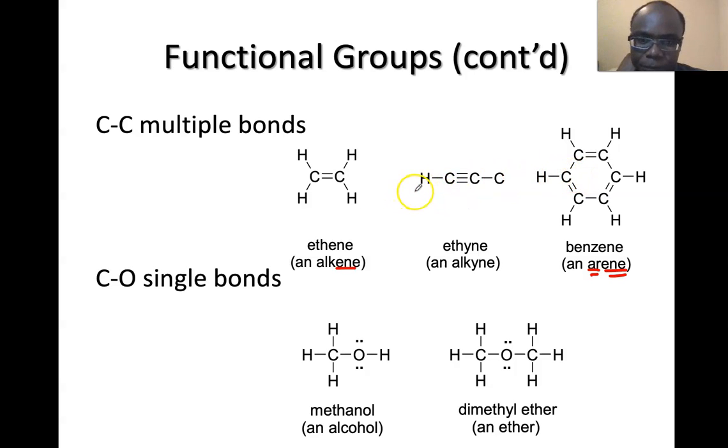Okay, so a specific example of an alkene is given as ethene, because there are 2 carbons in the structure. And this is ethyne. Here there's a typo, it should be a hydrogen.